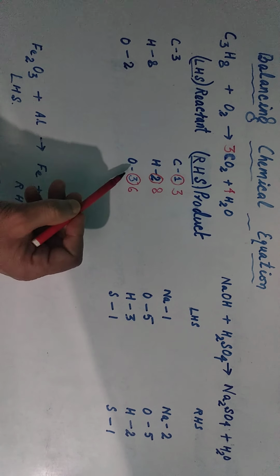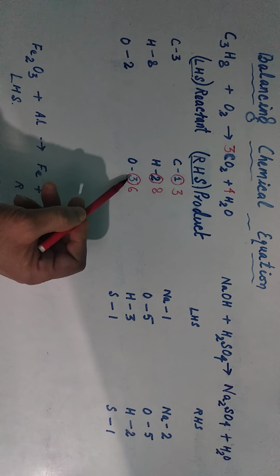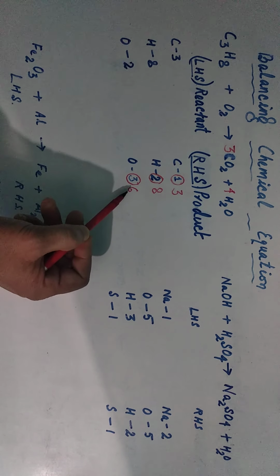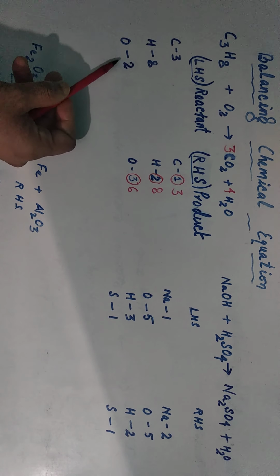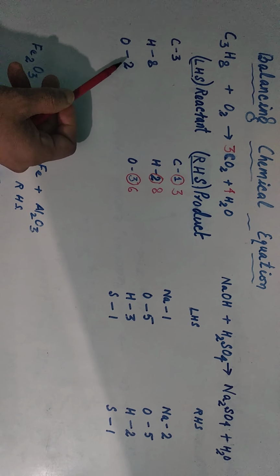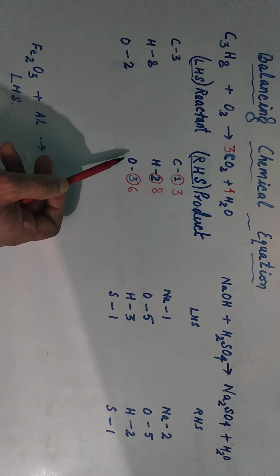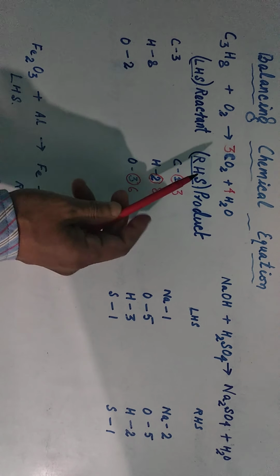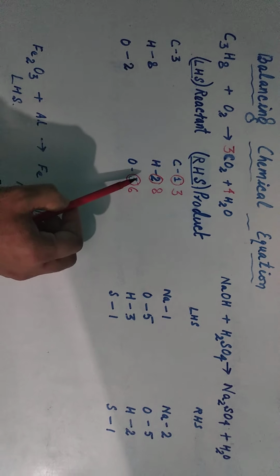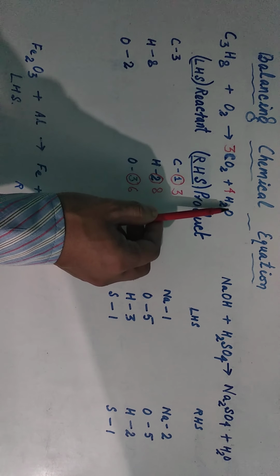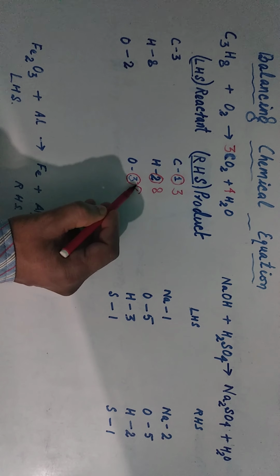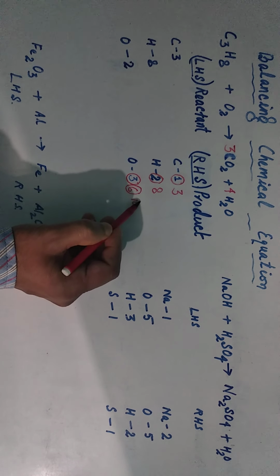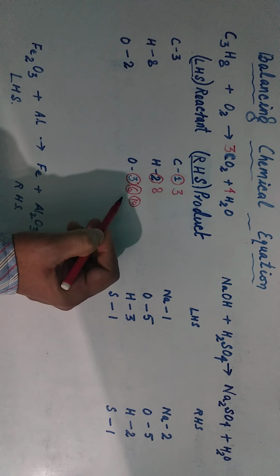Now we can see that on the right hand side we have 3 into 2, 6 atoms of oxygen, plus 4, that is 10 atoms of oxygen in total, and on the left we only have 2 atoms of oxygen.